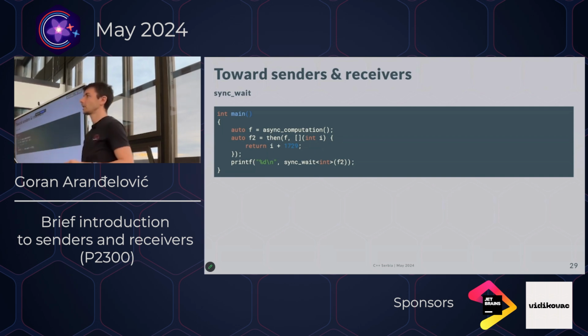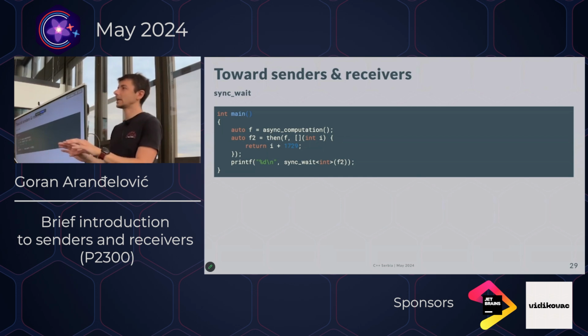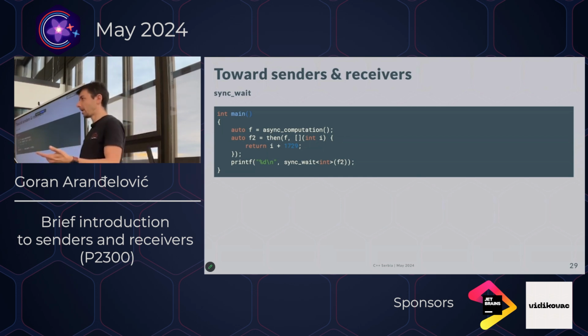Okay, so sync wait is not the only way. It's like you have a message loop, right? Sync wait here is basically while one, I'm just kidding, but basically you run your message loop with this sync wait.